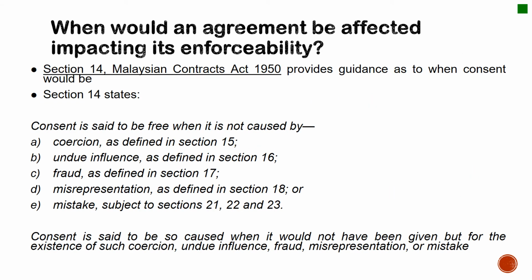So when would an agreement be affected by a vitiating factor? Well, that is where we look at Section 14. So 14 gives us the circumstances recognized by law which would vitiate a contract.